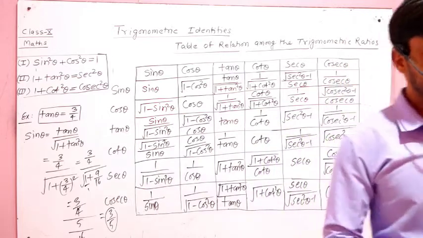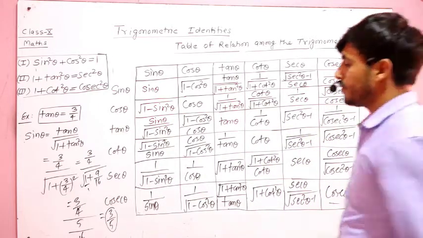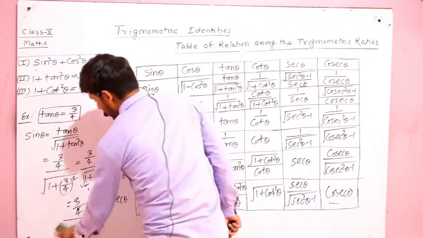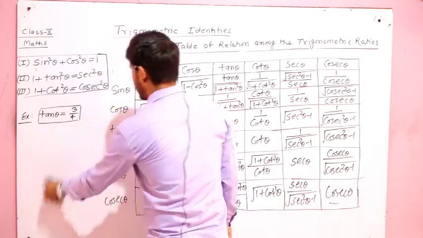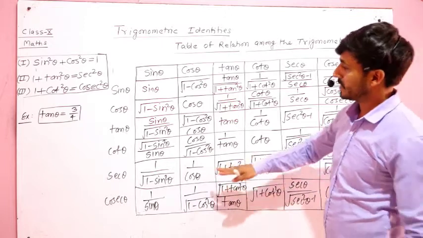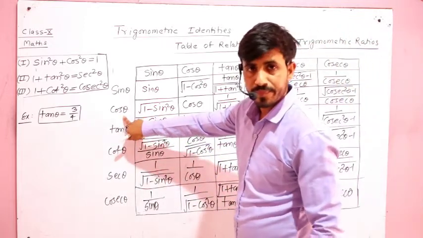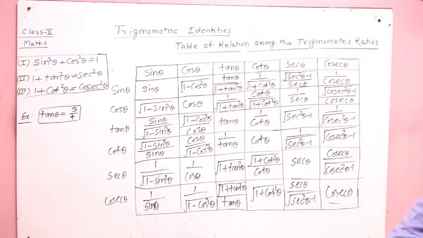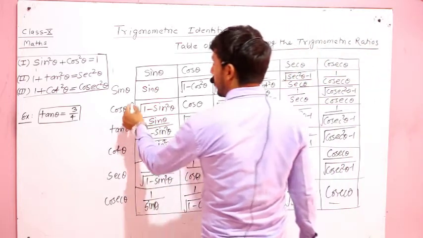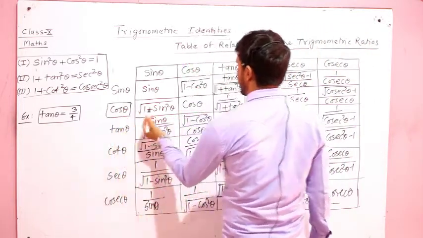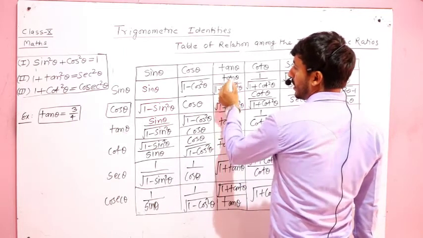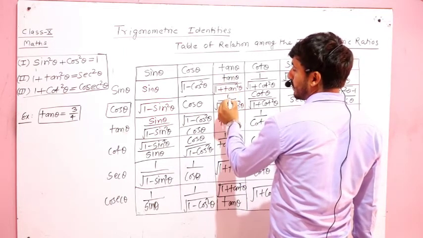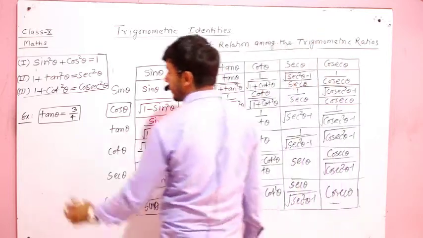In the same question, we have to find another relation for cos theta. As you can see, what is the value of cos theta in terms of tan theta? Cos theta can be obtained in terms of tan theta as 1 upon root of 1 plus tan square theta.